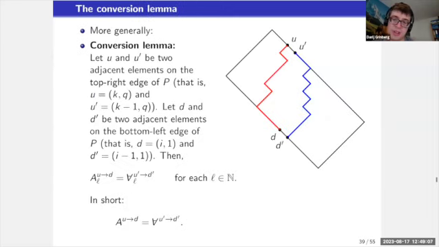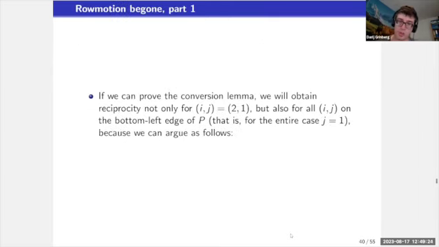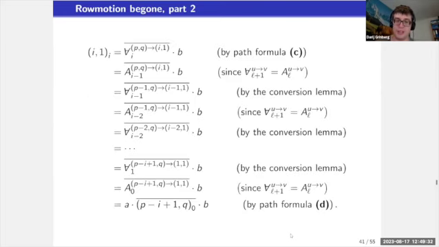Now, it's not exactly obvious that this should be true, but it's not hard to see that this is actually equivalent to reciprocity at 2,1. So certainly this better be true if the conjectures are true. What's even nicer is that this lemma would prove reciprocity not just for 2,1, but for any vertex on the left border, but you have to apply it many times.